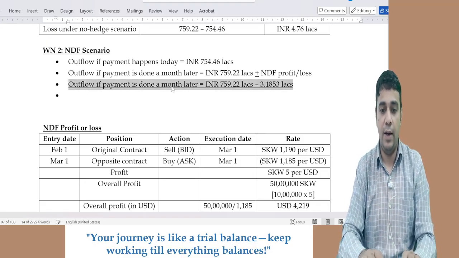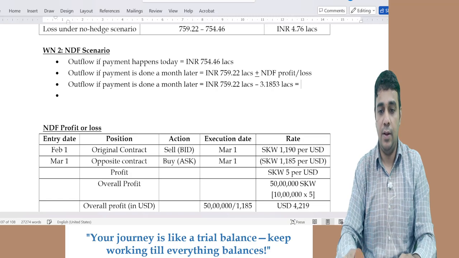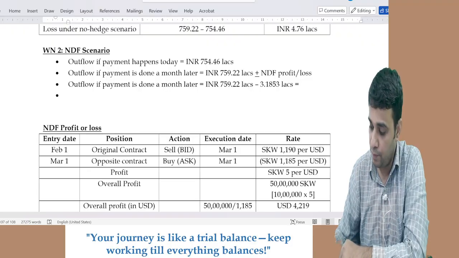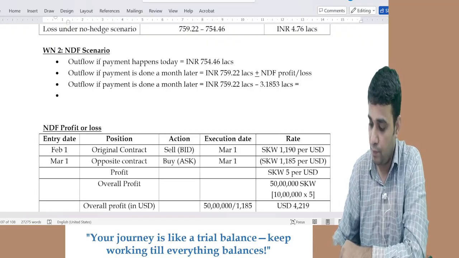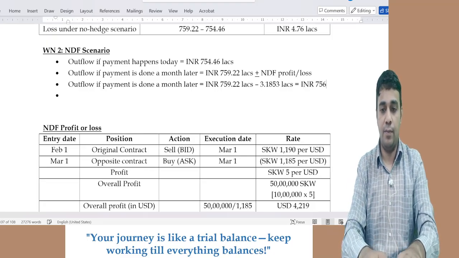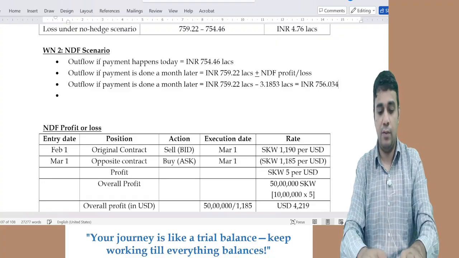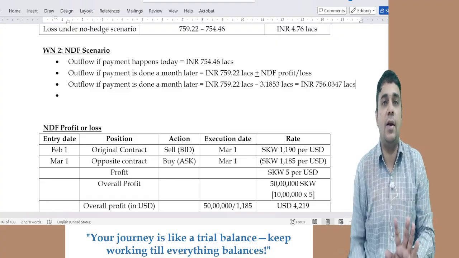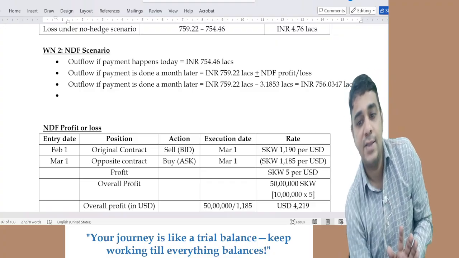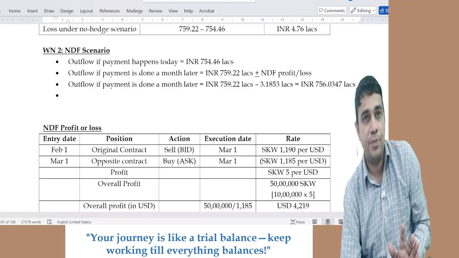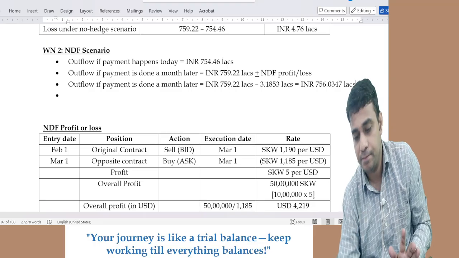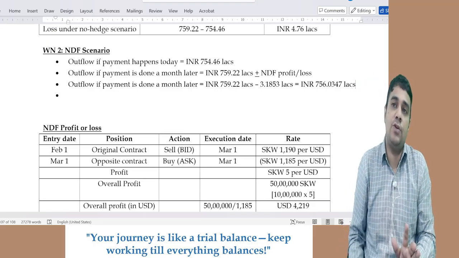Our outflow will go down to 756.03. Still there is a loss under the NDF scenario also, because today it's only 754 and later it is 756. Still there is a loss, but okay, this is better: 756.0347.